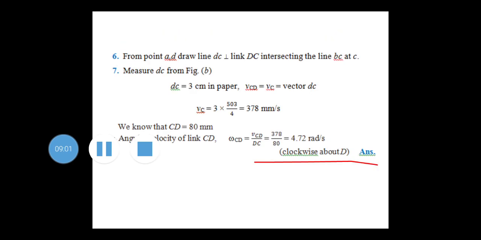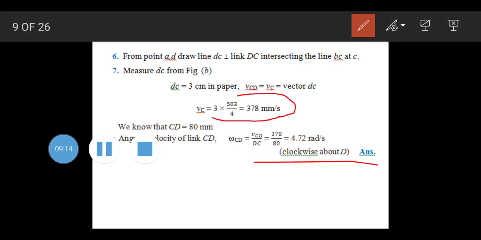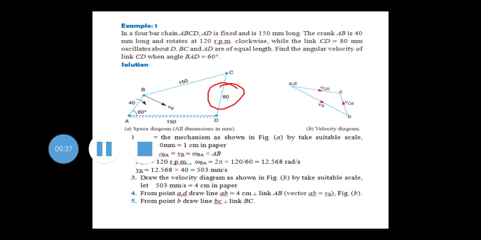Now omega, the angular velocity of link CD, is equal to VCD, the velocity of CD, which we obtained as 378, divided by the length of CD, that is 80, and hence we get the angular velocity in radian per second. So we got it as 4.76 radian per second. This is how we can get the angular velocity of CD.